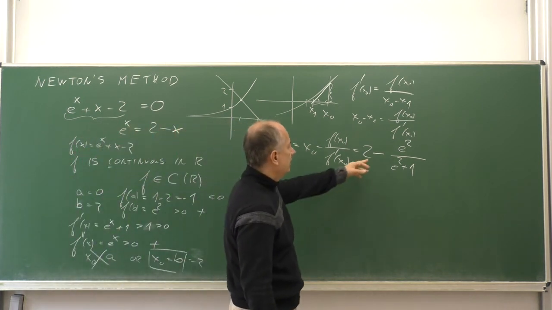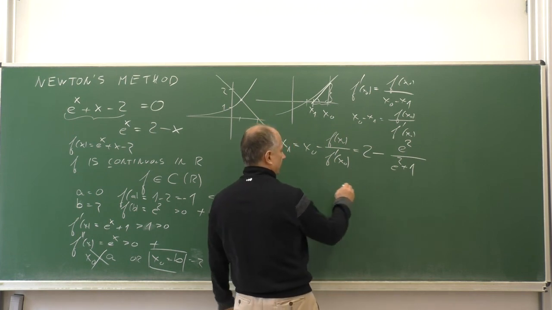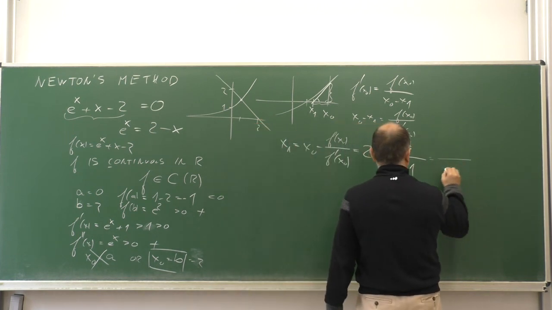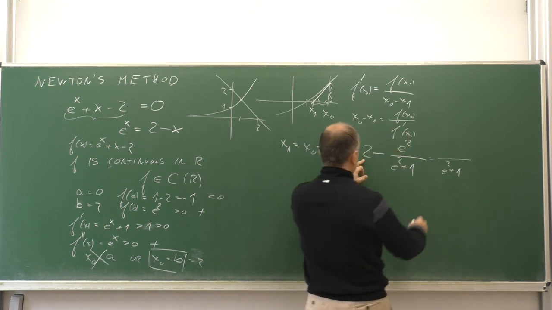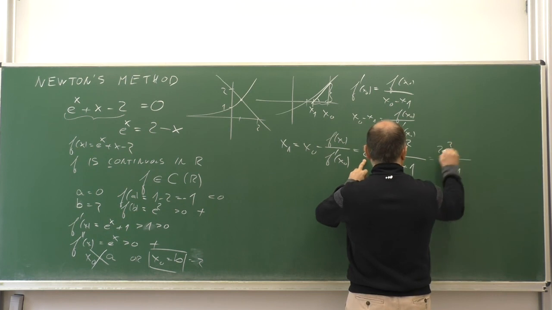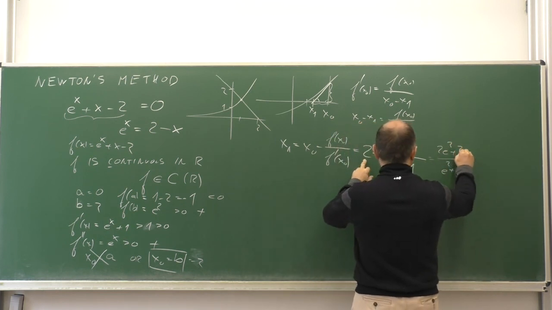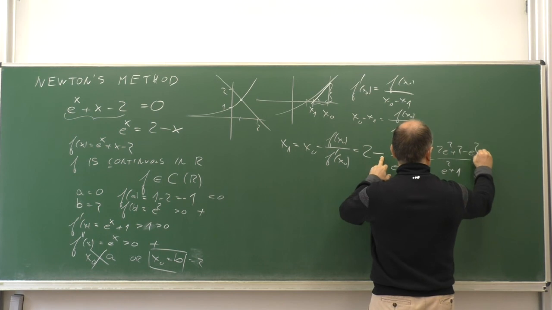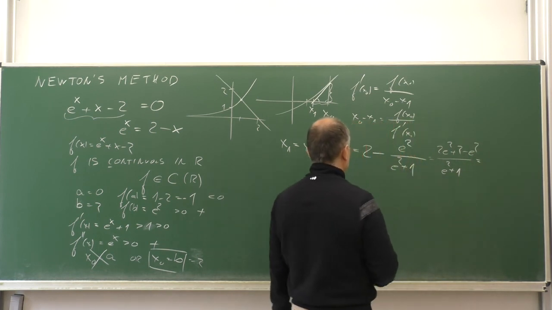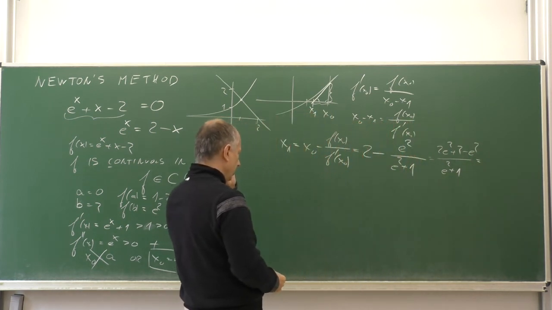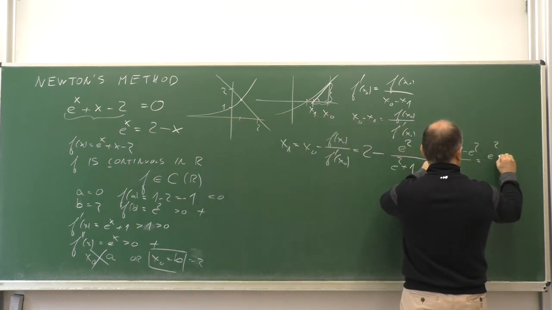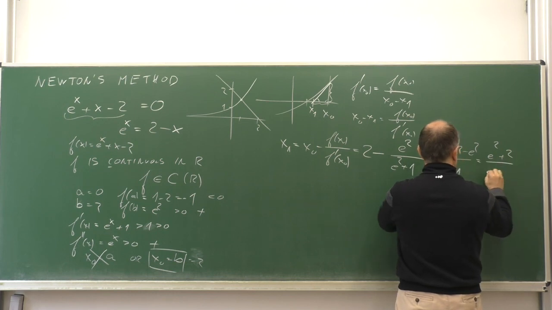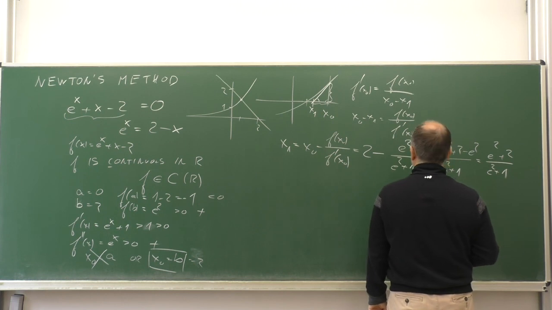Well, if you like, you can simplify this fraction a little, if you really like. That would be e squared plus 1. And now we have 2 e squared plus 2 minus e squared, which is e squared plus 2 divided by e squared plus 1.